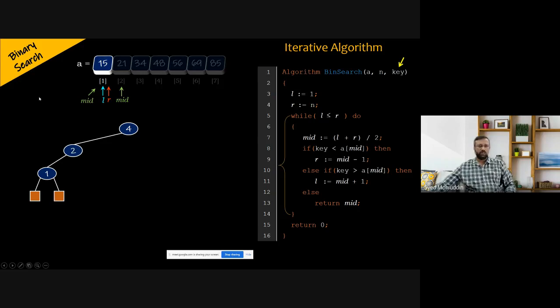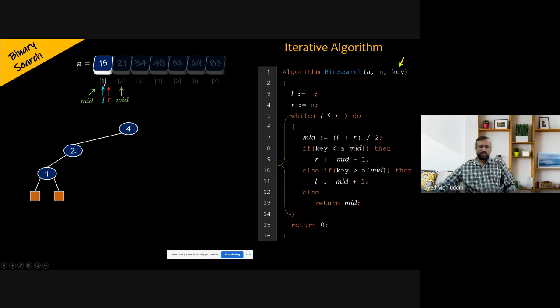Now what about before index 1? Are there any elements? We have darkened everything. This darkened everything means before 1 also there are no elements, because if you consider this element 21, it is at mid index 2. We already have this node for mid index 2. So that is why the right side of the 1 also doesn't have any elements. What this means is, suppose the element we are trying to find is 10.